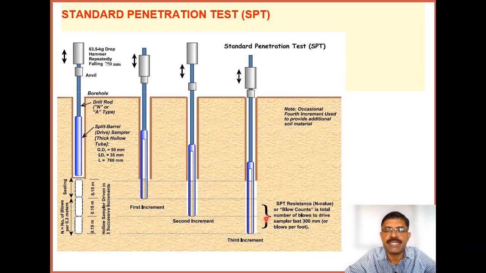The first 15 centimeter is the seating drive, and after that the engineer will count the number of blows required for driving 15 centimeter further, and then again 15 centimeter. So the total number of blows required for 30 centimeter depth is taken as the standard penetration value, which is called capital N, the standard SPT value.